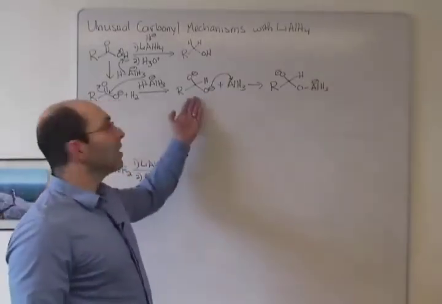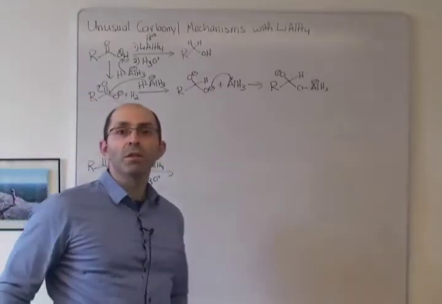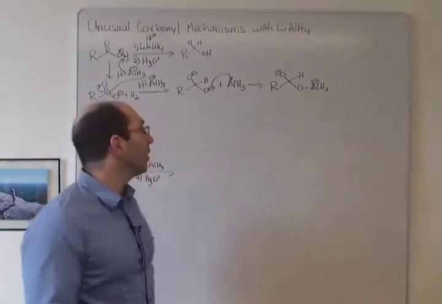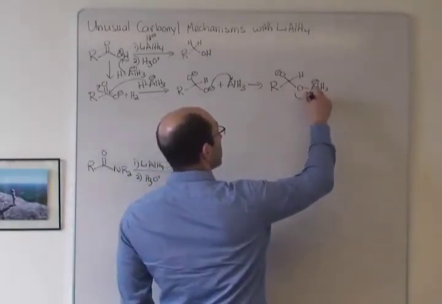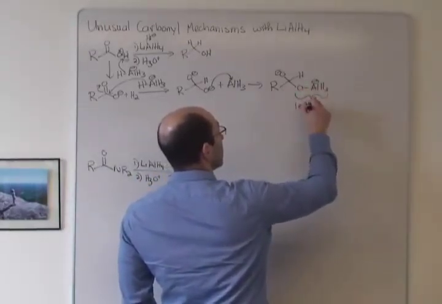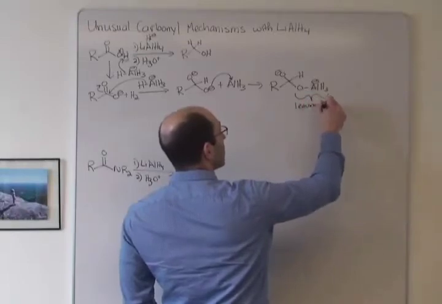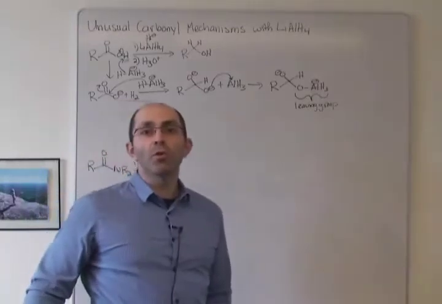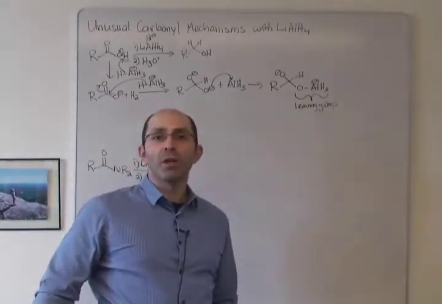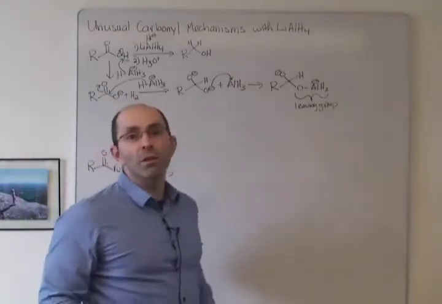Right? If we were stuck here, we would get a completely different product. Right? And so it turns out that once we make this, right, this is now a leaving group. So the AlH3 serves like an R group in reactions of esters. Right? So once you get here, that looks a lot like an ester.